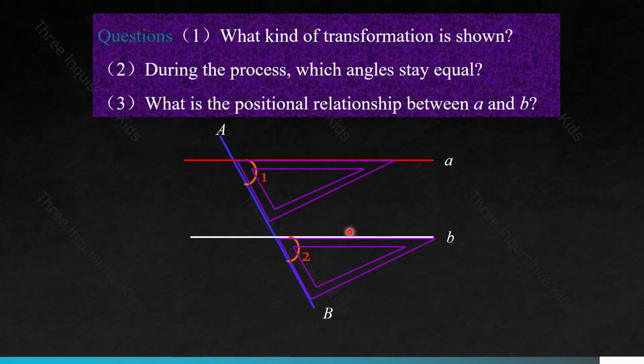When a transversal, AB here is the transversal, the third line that crosses two lines, crosses two lines and the corresponding angles that are formed are equal, it means that the two lines, A and B, are parallel.